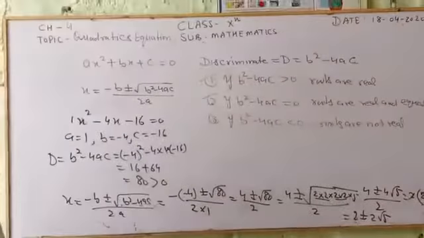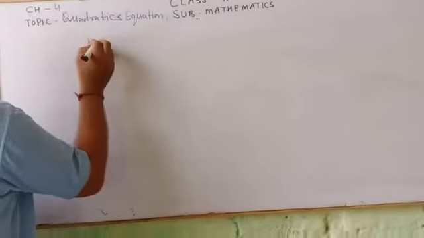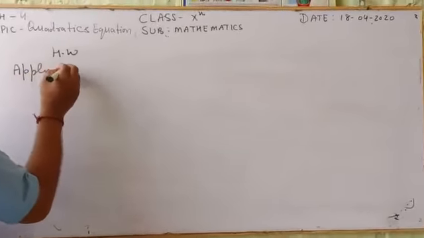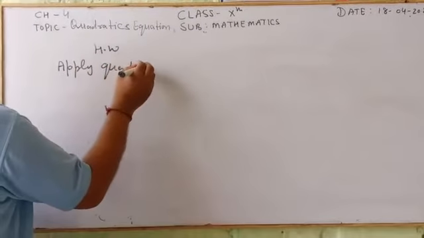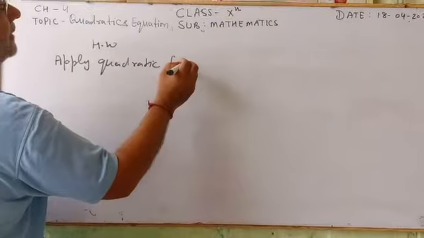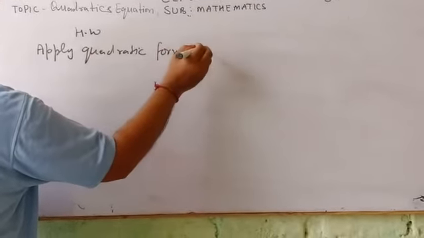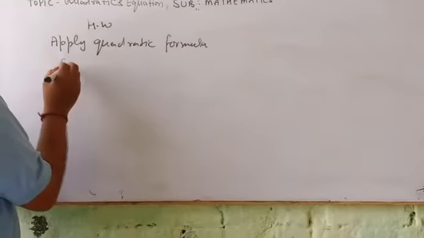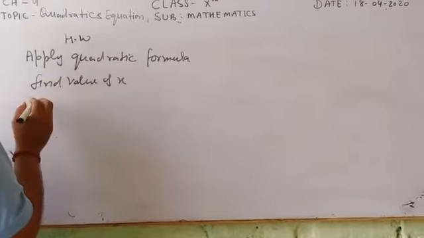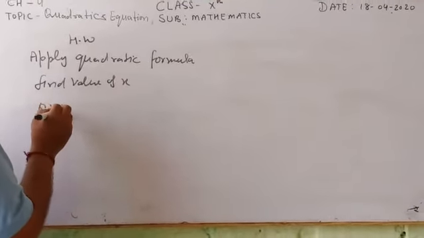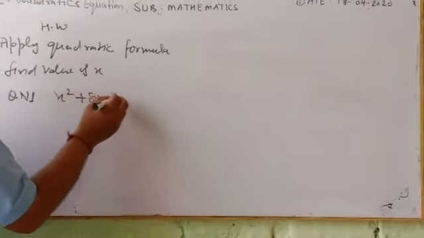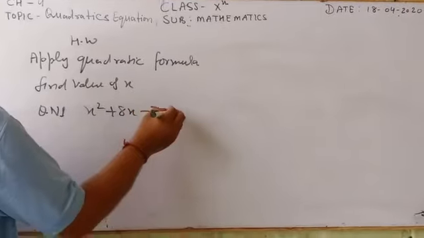At last we give some homework. Apply the quadratic formula. Find the value of x. Question number 1: x square plus 8x minus 7 equal to 0.